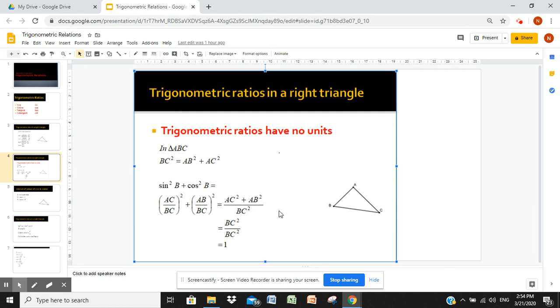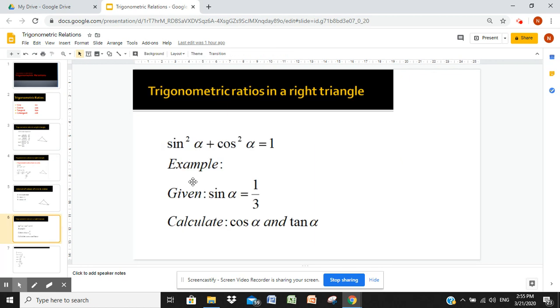We make a common denominator and we replace AC squared plus AB squared by BC squared. So we will get BC squared over BC squared, which is 1. So our conclusion is that sine squared plus cosine squared of any angle is equal to 1.